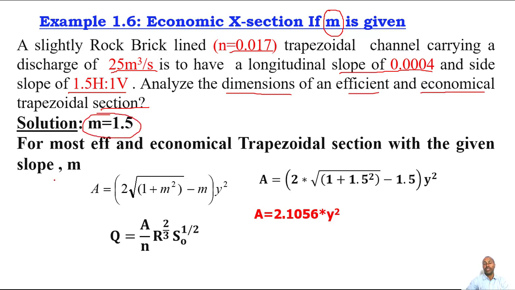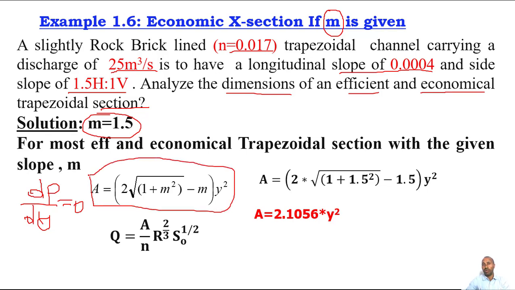So if m is given, we already derived the equation dP by dy equal to 0. After the derivative, we found this area, and we have the bottom dimension, perimeter, etc. as different equations. So you simply substitute m here.